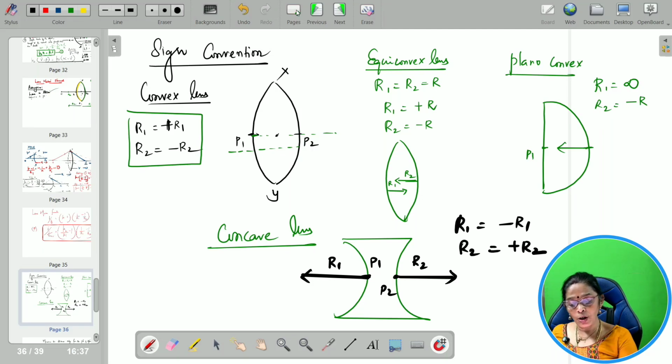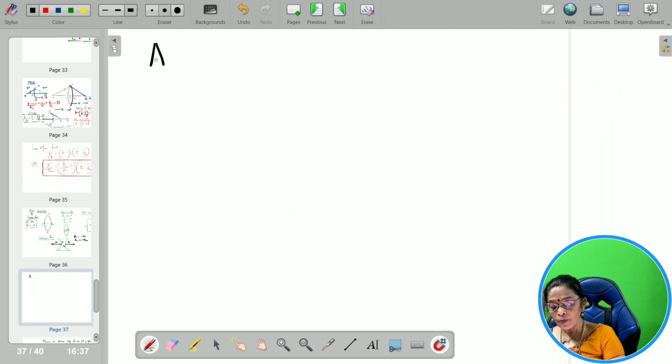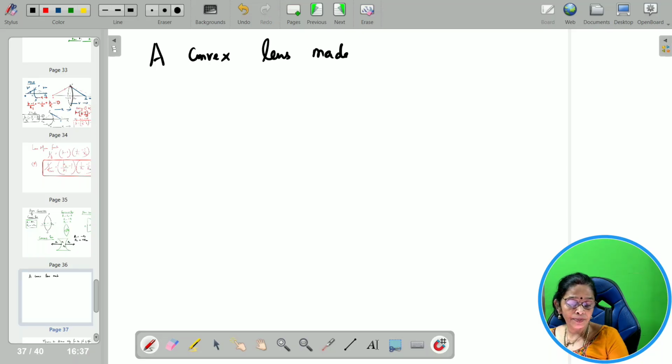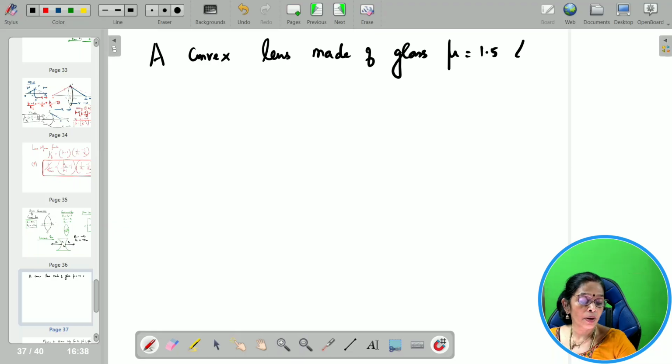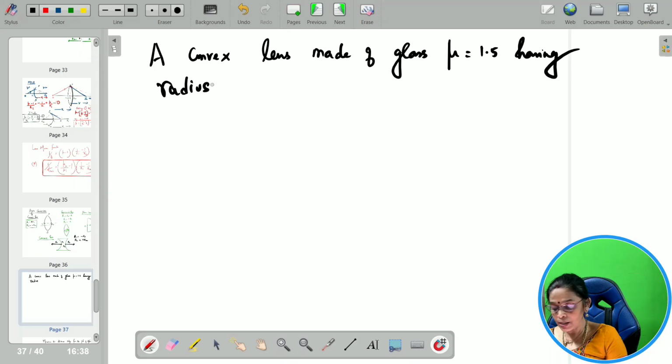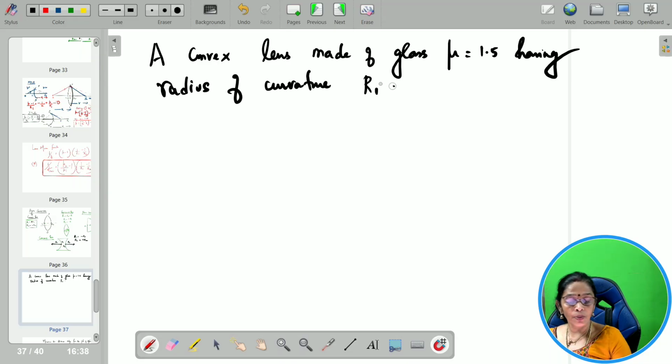Only one problem I am going to teach you here. A convex lens, an equiconvex lens or a convex lens, you can take a convex lens made of glass of refractive index 1.5 having radii of curvature 10 centimeter and 15 centimeter respectively.